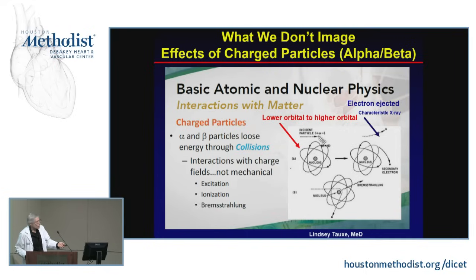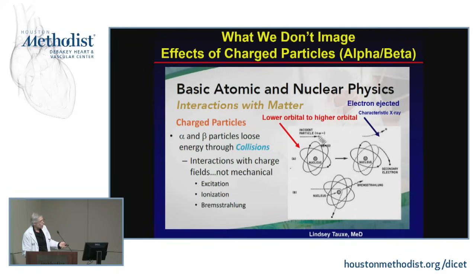Ionization is actually when you have enough energy to eject an inner shell electron, which then causes an outer shell electron to go to that lower shell. And in going from a high energy outer shell to a lower energy inner shell, you give off energy. Okay, that's X-rays. That's what we call characteristic X-rays. The reason it's called characteristic is because it's characteristic for that change from a higher level to a lower level shell.